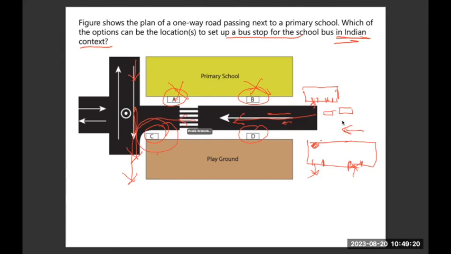So a corner junction is the most dangerous place to have a bus stop. Hence, option D is the most appropriate position of all A, B, C, D. Is that clear? Any doubts, any questions in this?